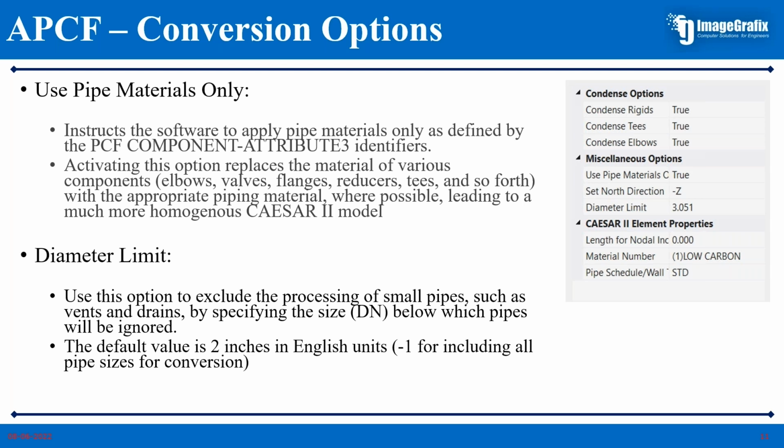If I make it true, whether it is an elbow or a flange, everything would be condensed and a single pipe material will be used throughout your model. If I make it false, then for an elbow, the corresponding material, if it is mapped in my CAESAR II materials mapping, will be selected. Similarly for your flanges, if mapped with my flange materials, that material will be selected. Similarly for your tees and everything. So that is your condensed materials.